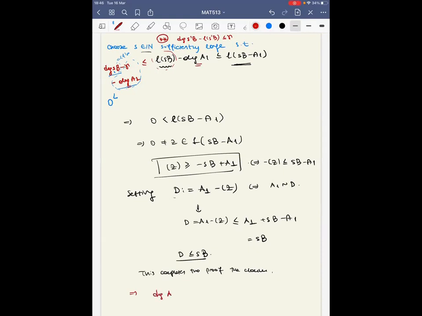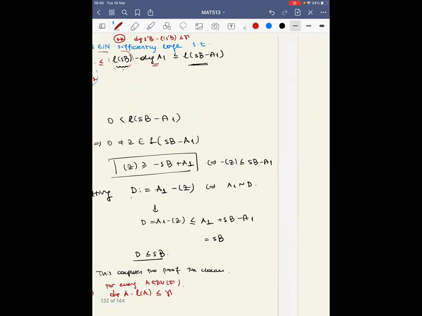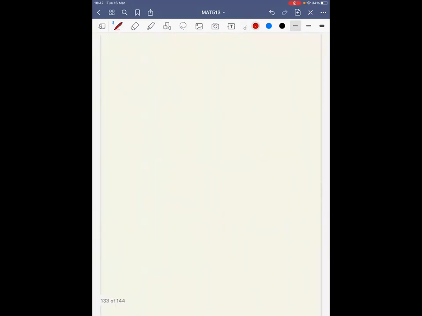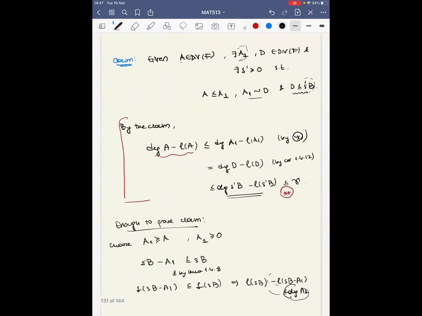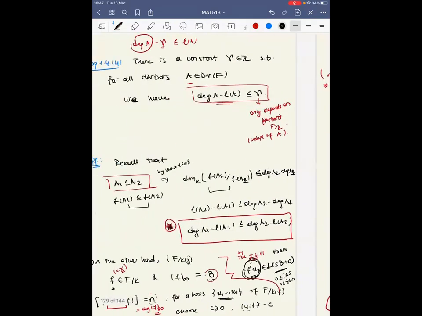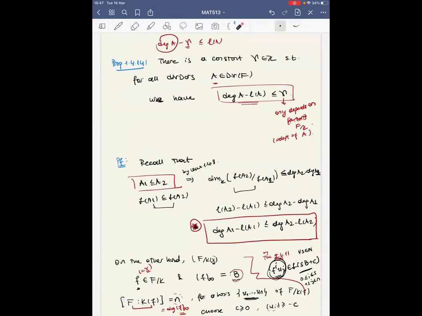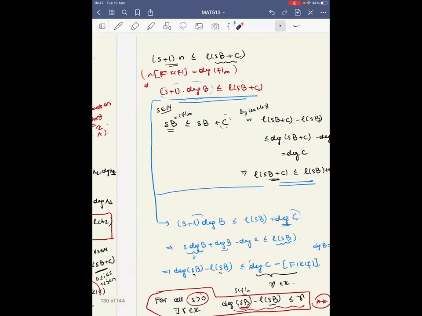Indeed, for every divisor A. And with respect to this upper bound, we have considered the lower bound for the dimension, or the difference between the degree and the dimension.